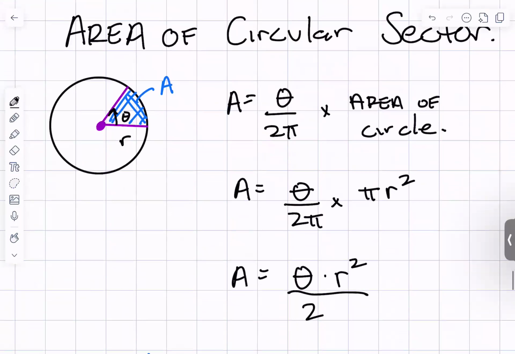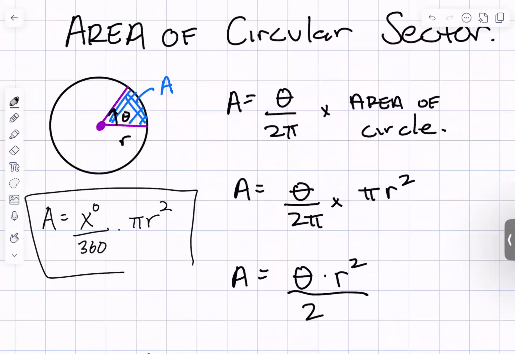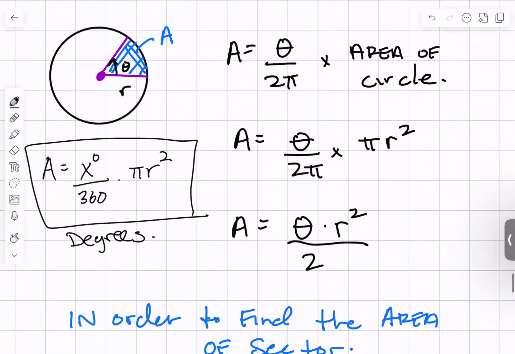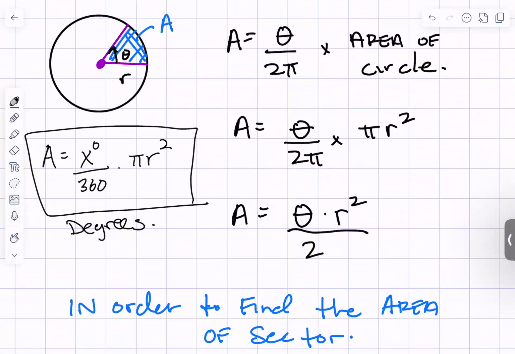In terms of degrees, it would be the area equals x degrees over 360 times pi r squared. Same thing. This one is in degrees. And then here, if you simplify this out, those pi's would cancel out, and you're just left with theta times r squared over 2.